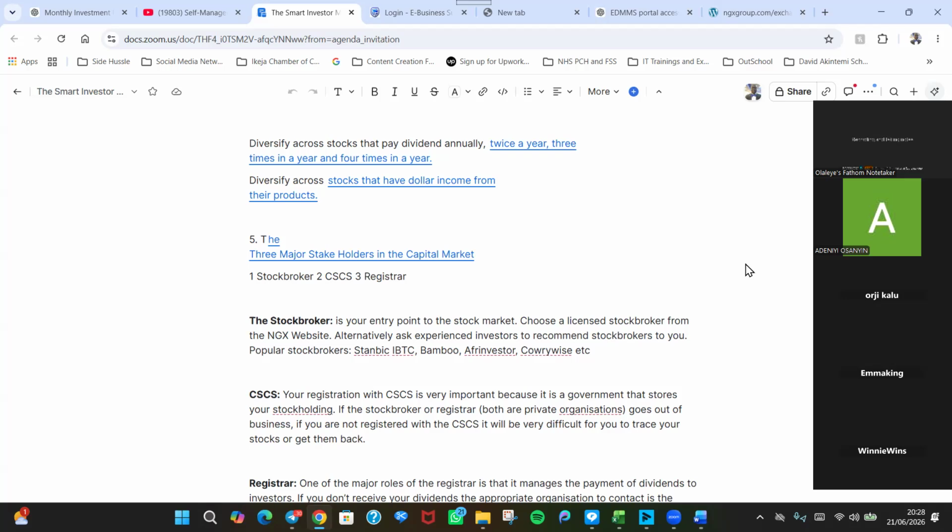These are big developers that are listed on the Nigerian Stock Exchange. These are companies that build houses in Abuja, in Lekki, in Ajah, and all the rest, and they rent out those properties. As they are collecting the rent, they give you your own share of the rent because you have bought their stocks. And that's a cheaper way of becoming a real estate investor.